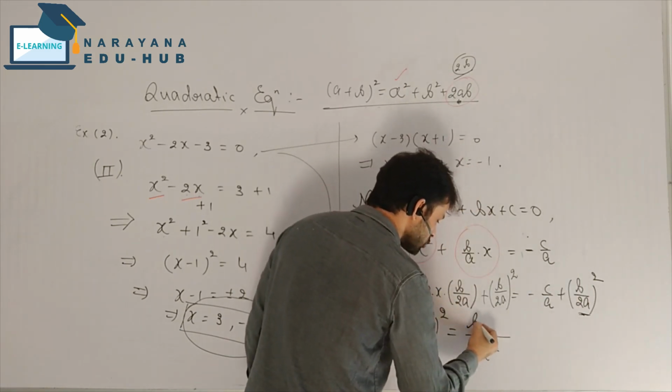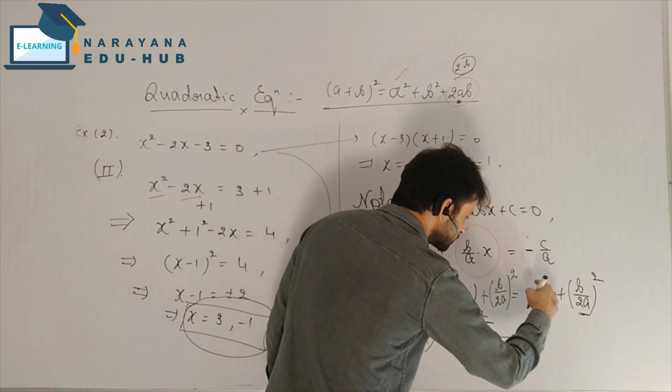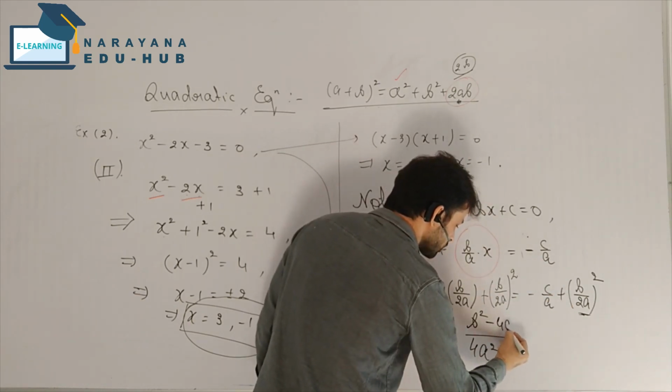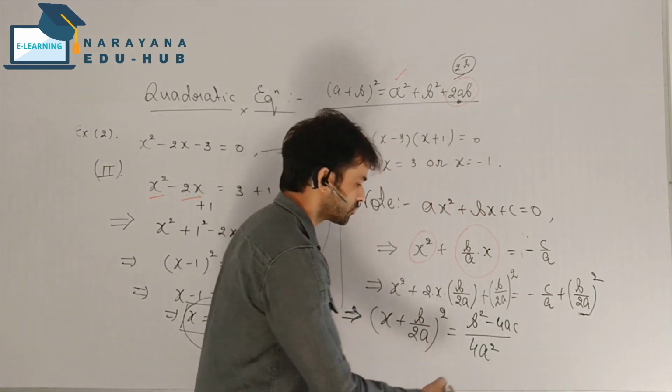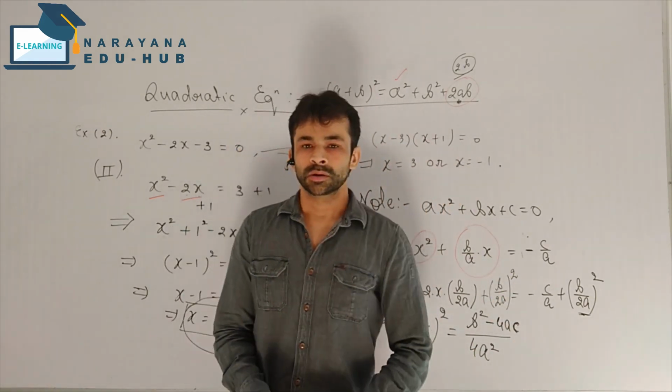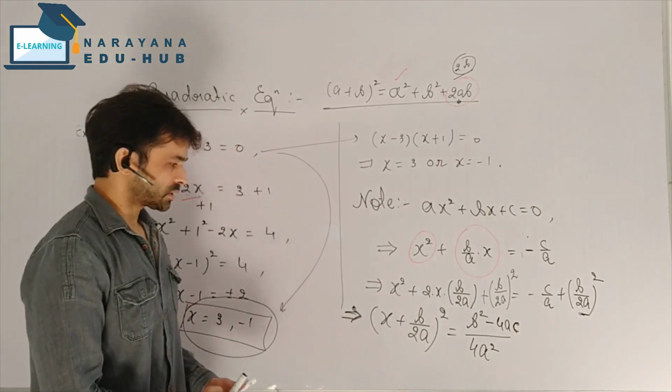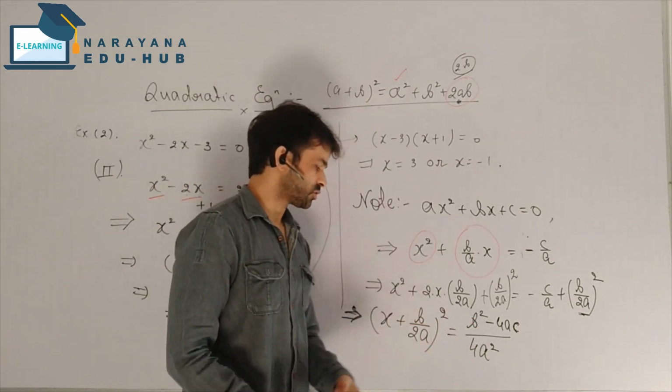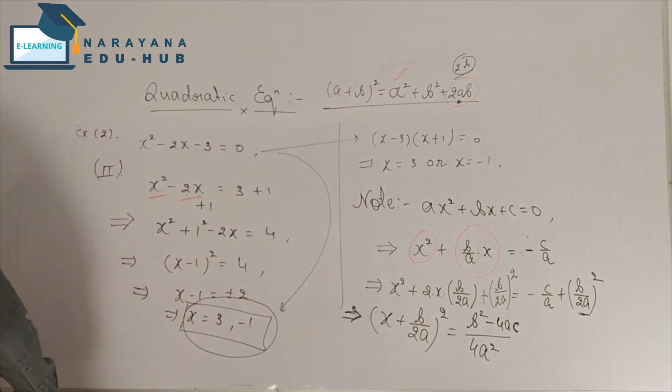b square minus 4ac. Okay, so this has become this b square minus 4ac by 4a square, right?